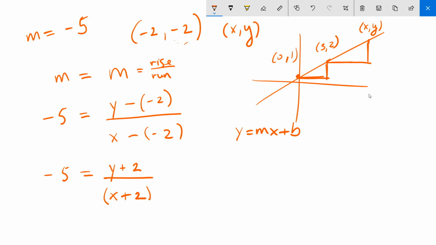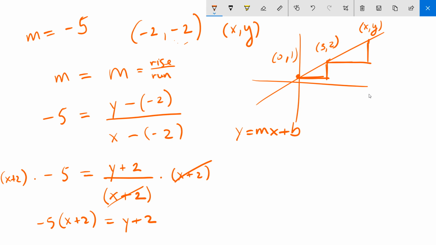I'm going to take the x plus 2 that's in the bottom, and if you think of multiplying it on both sides to move it over, you get rid of it on the right, because we're trying to get y isolated. And so we're going to have -5 times this x plus 2, and that's going to equal y plus 2. So all I basically did was I moved the denominator to the other side to multiply the negative 5.